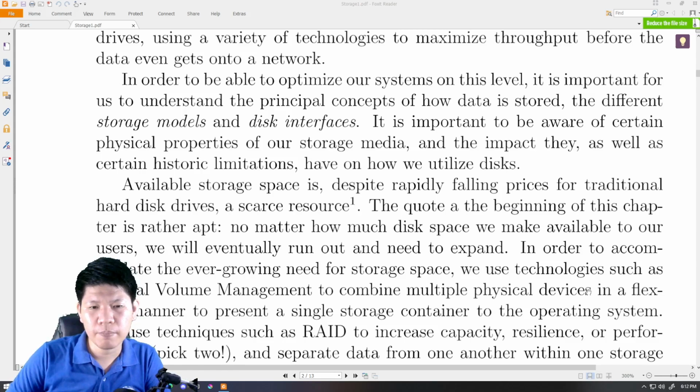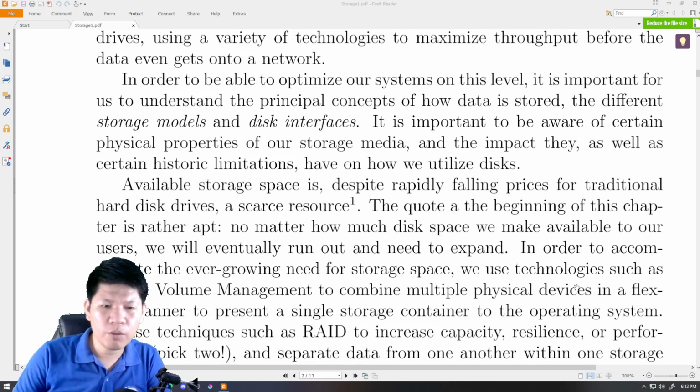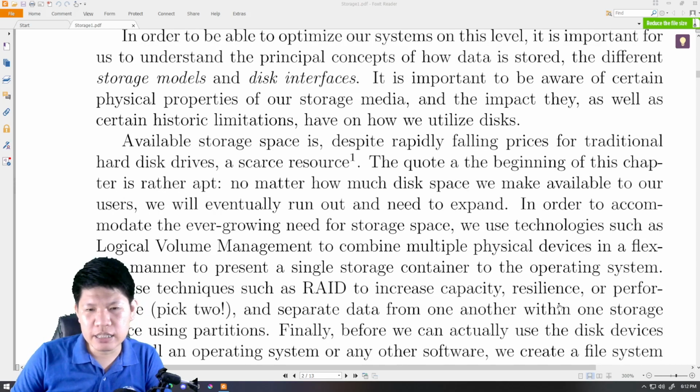In order to accommodate the ever-growing needs for storage space, we use technologies such as logical volume management to combine multiple devices in a flexible manner to present a single storage container in the operating system.